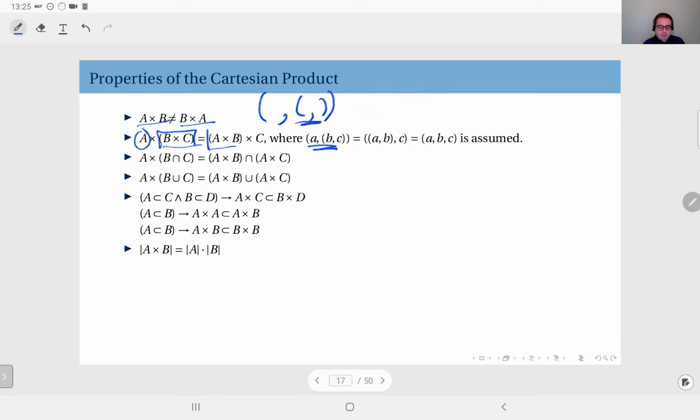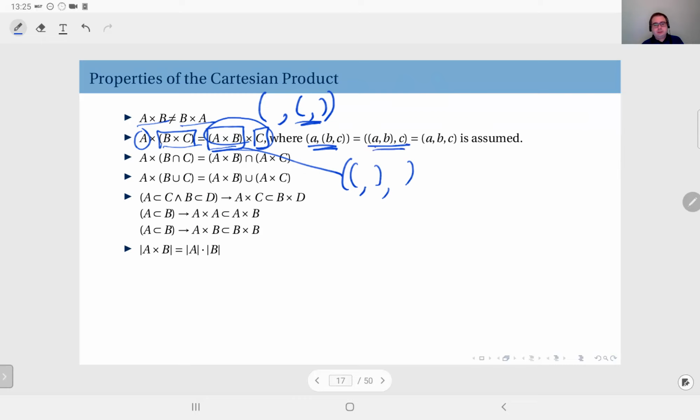And when you look at this one, the first set is itself a Cartesian product, so it includes ordered pairs. And the second one, C, is an ordinary set. We don't know what elements it has. Therefore, the elements of this Cartesian product are of the form, well, you have an ordered pair, but the first element is also an ordered pair in this form.